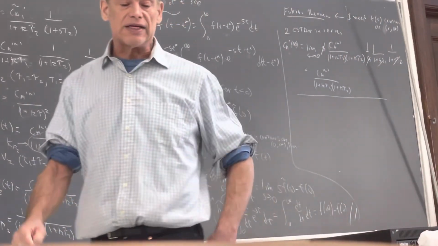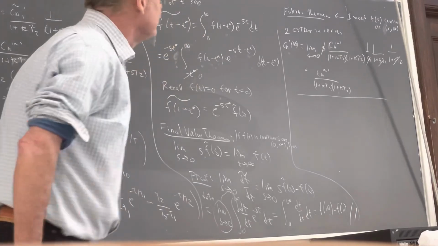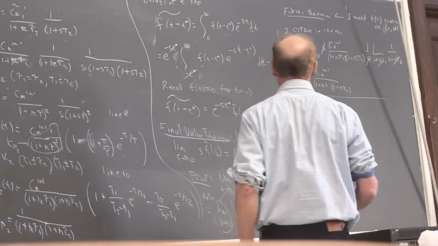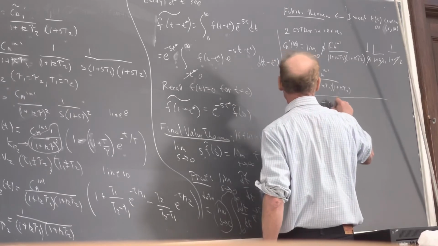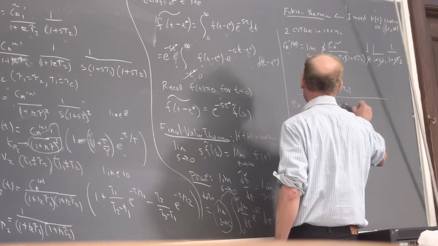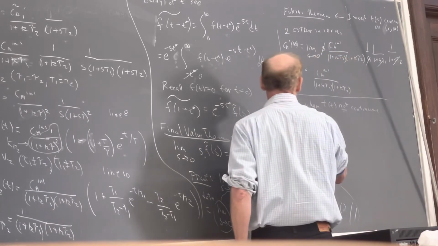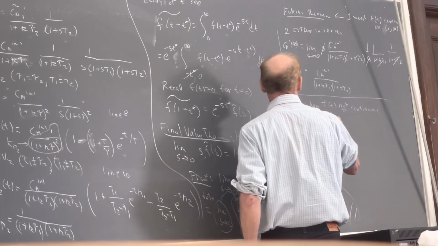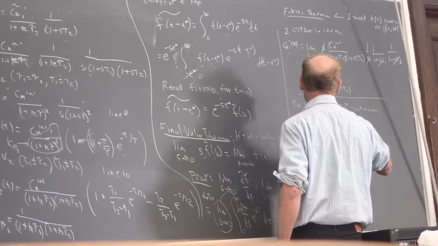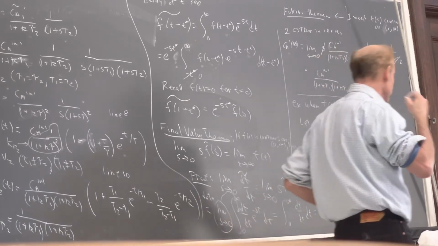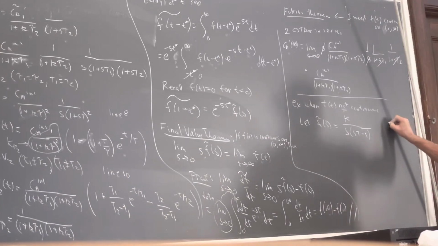So let's look at the example, when f of t is not continuous. Let f tilde of s be equal to k over s(st minus 1), where t is positive.